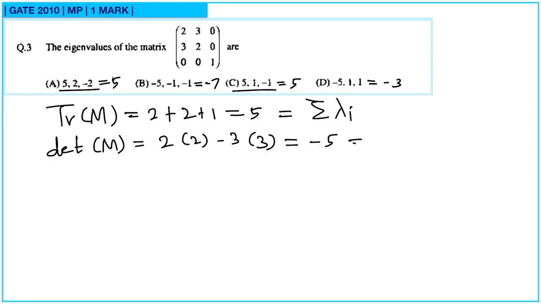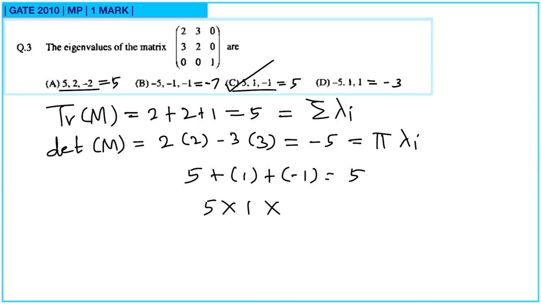So determinant will be equal to the multiplication of lambda values. So this multiplication will be 5 into 2 into minus 2, that will be minus 20, and here 5 into 1 into minus 1, this will be minus 5. So option C is correct, because 5 plus 1 plus minus 1 is equal to 5, and 5 into 1 into minus 1 is equal to minus 5. So then it is matching. So option C is correct.